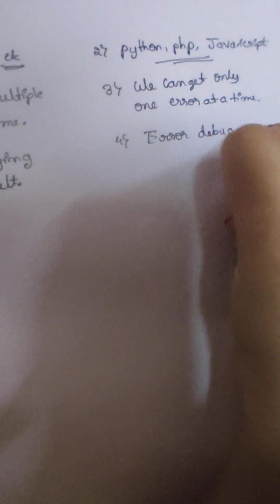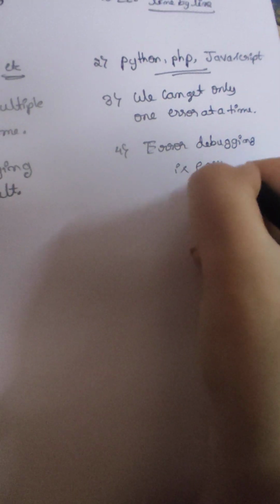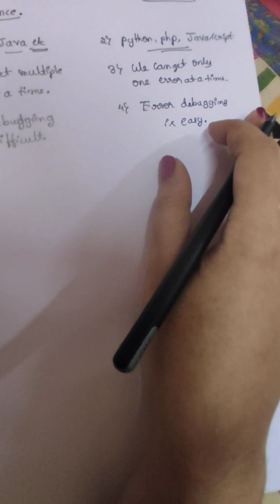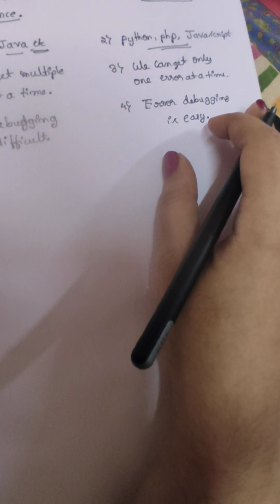Here in interpreter, error debugging is easy because it converts line by line, and due to that we can get only one error at a time, so that error debugging is easy. We can debug one error at a time. That's why error debugging is easy.